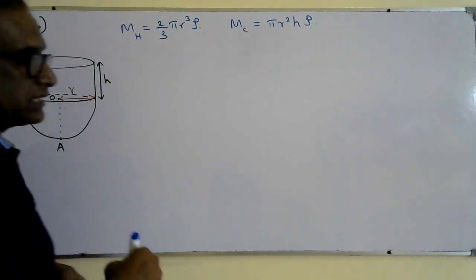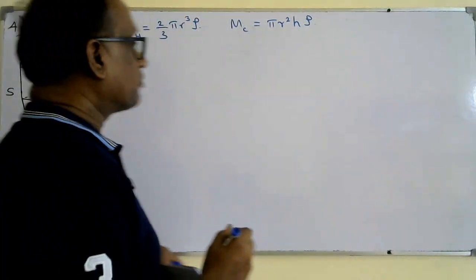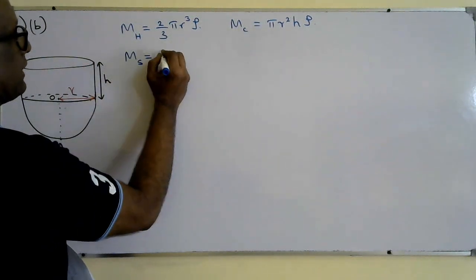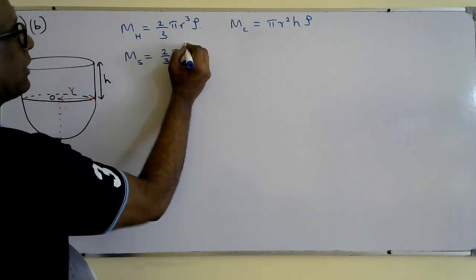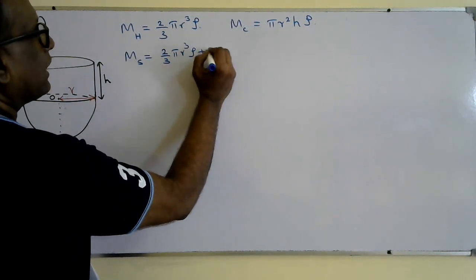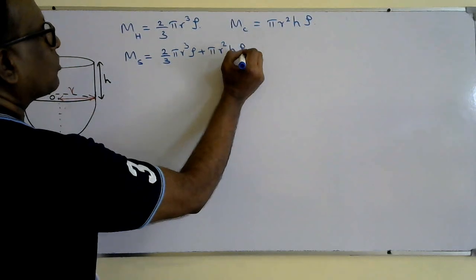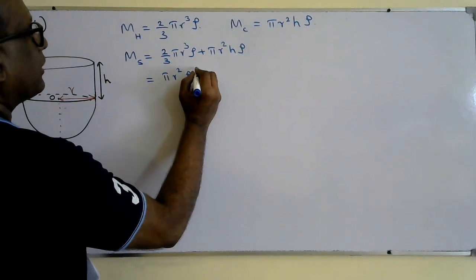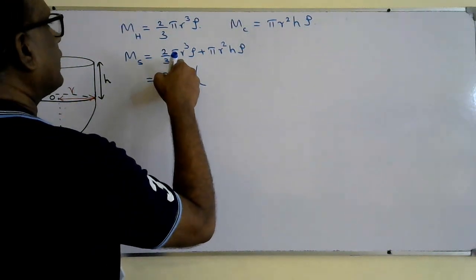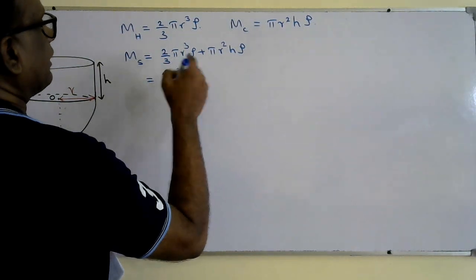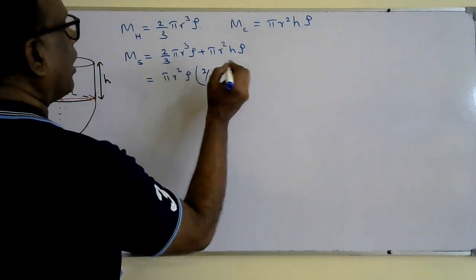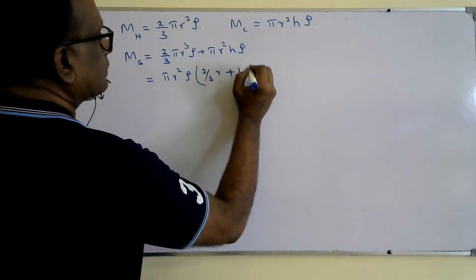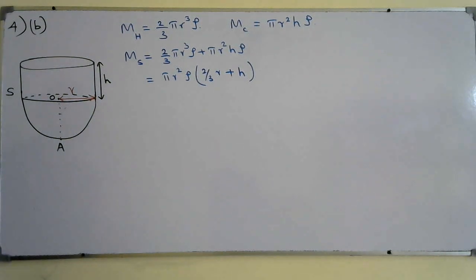The total mass of the S, that is mass of S, is equal to mass of H plus mass of C, that is 2 by 3 pi r cube rho plus pi r squared h rho. So we can take pi r squared rho common. If I take it, it will become 2 by 3 r plus h. Okay, so that is the mass of the S.